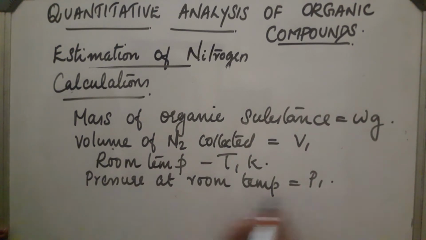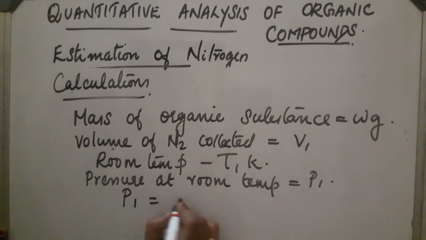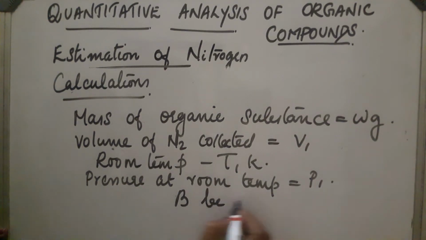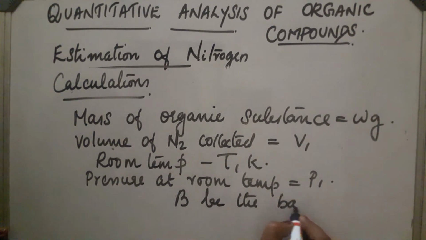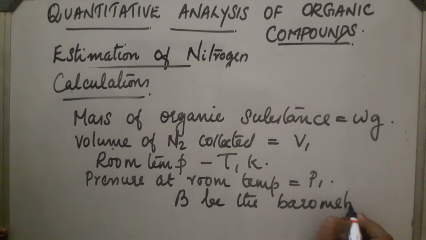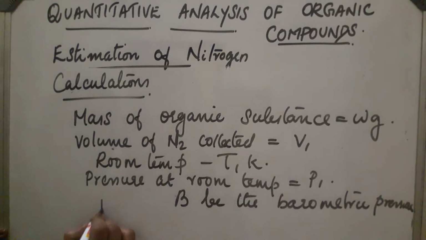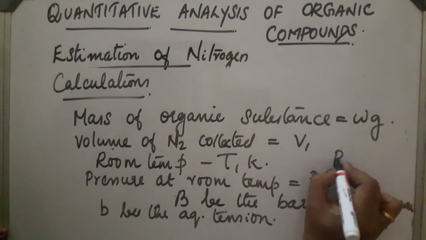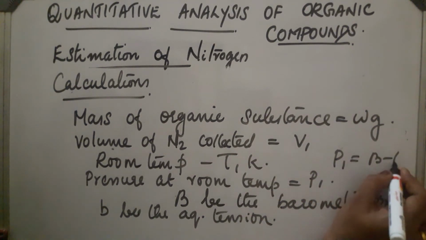Let B be the barometric pressure and small b be the aqueous tension at room temperature. So P1 will be equal to B minus b.